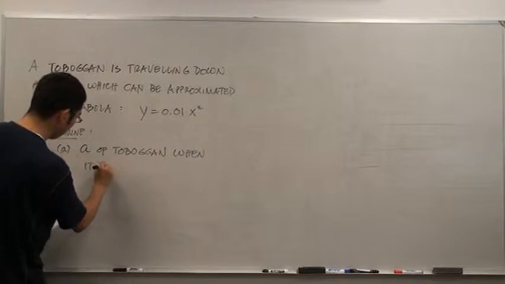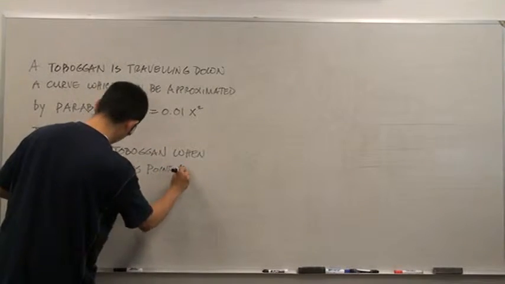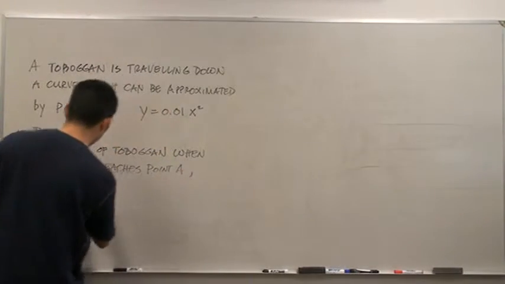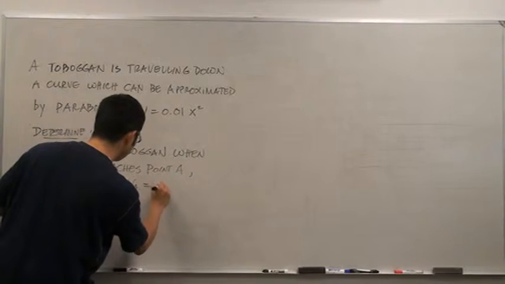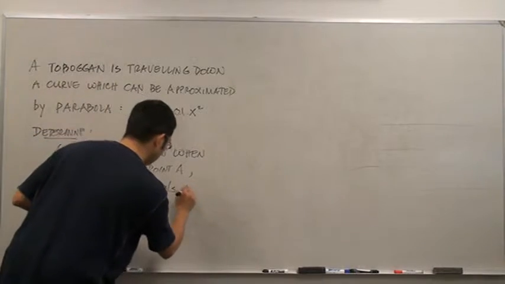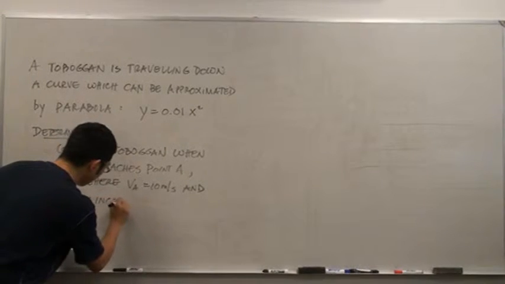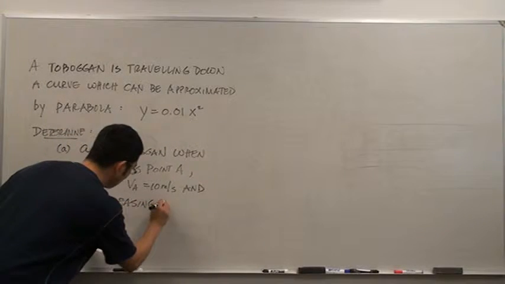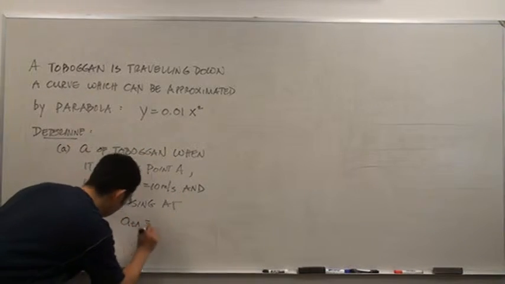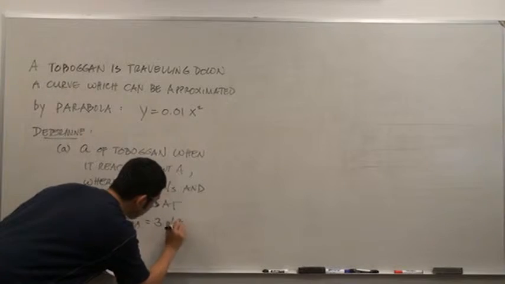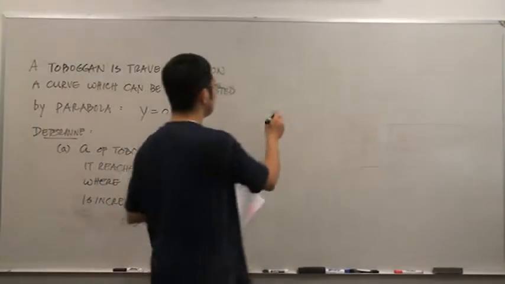When it reaches point A, the velocity at point A is equal to 10 meters per second and is increasing at a_t equals 3 meters per second squared. So this is the tangential acceleration.